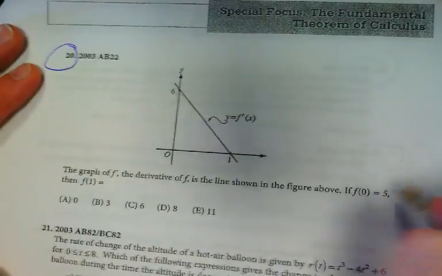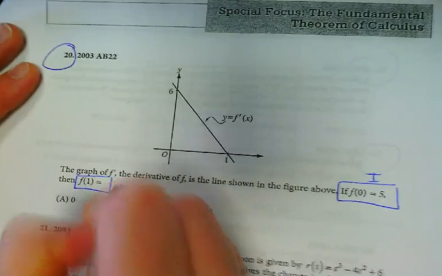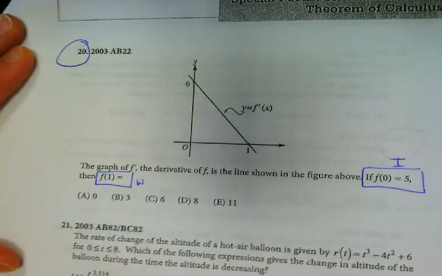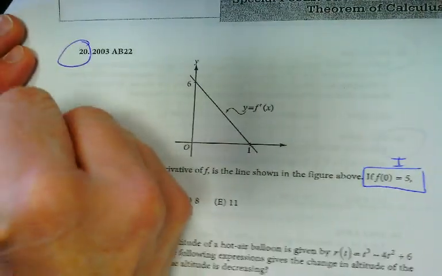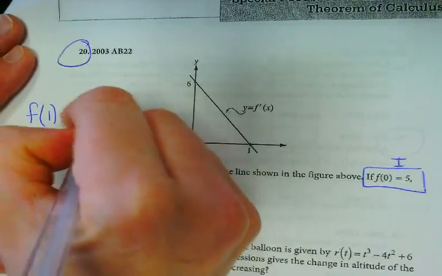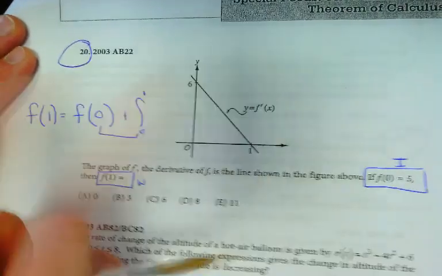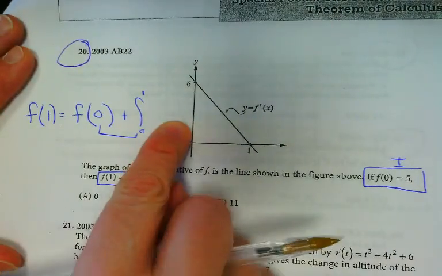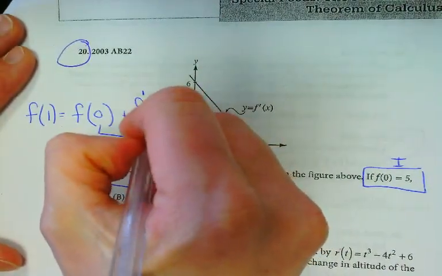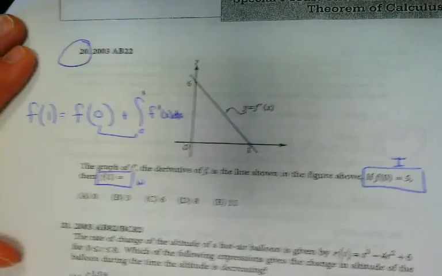20, no different. They gave us an initial and a want. So every paper should have the same thing. I want f of 1, so I have to start with f of 0 plus the integral. Those should be the same from 0 to 1. Now if I want f, who should I be integrating? F prime. Okay.